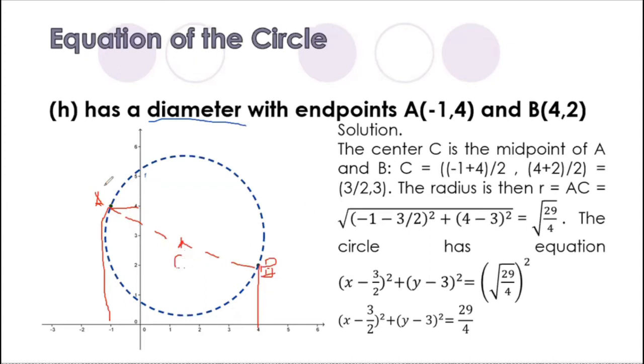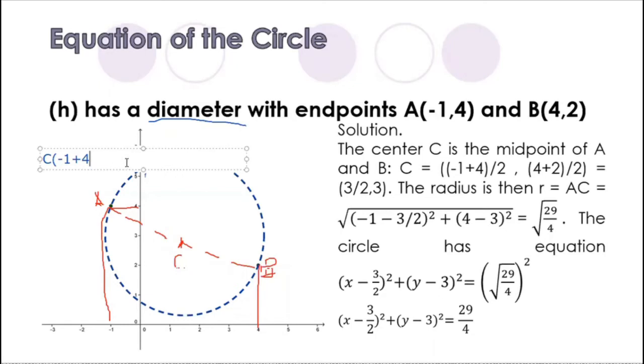So, para makuha ang center ng ating circle, kuhain lang natin ang middle point ng coordinates A at coordinates B. Ang middle point ay negative 1 plus 4, yung dalawang x. So, negative 1, x coordinate sa point A, x coordinate sa point B. I-add natin yon.